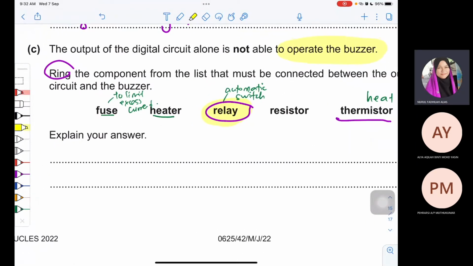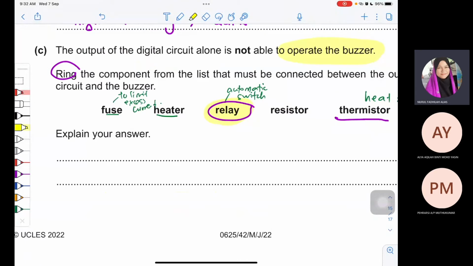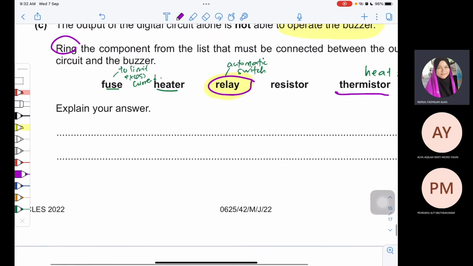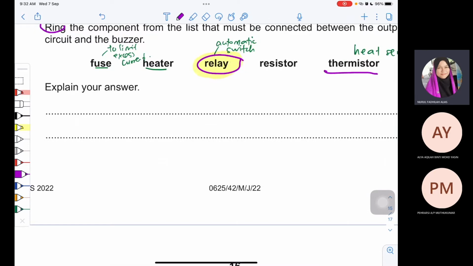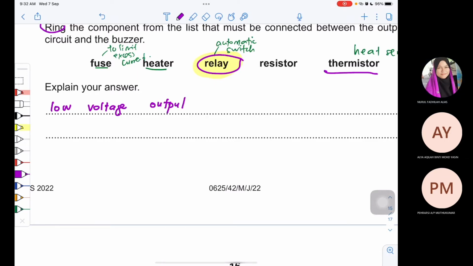Right? So kenapa dia kata, why do you need relay? What is relay? So relay, dia macam automatic switch. Okay, so for relay, sorry, low voltage output.